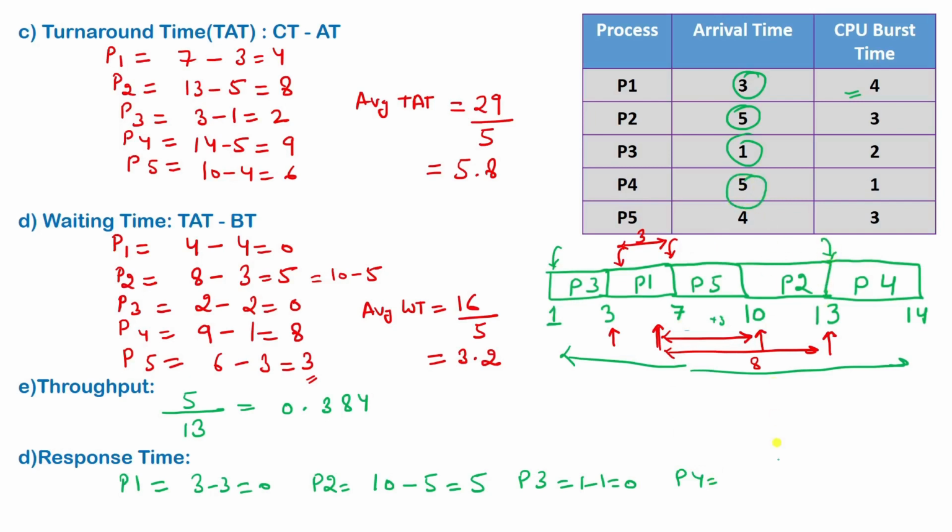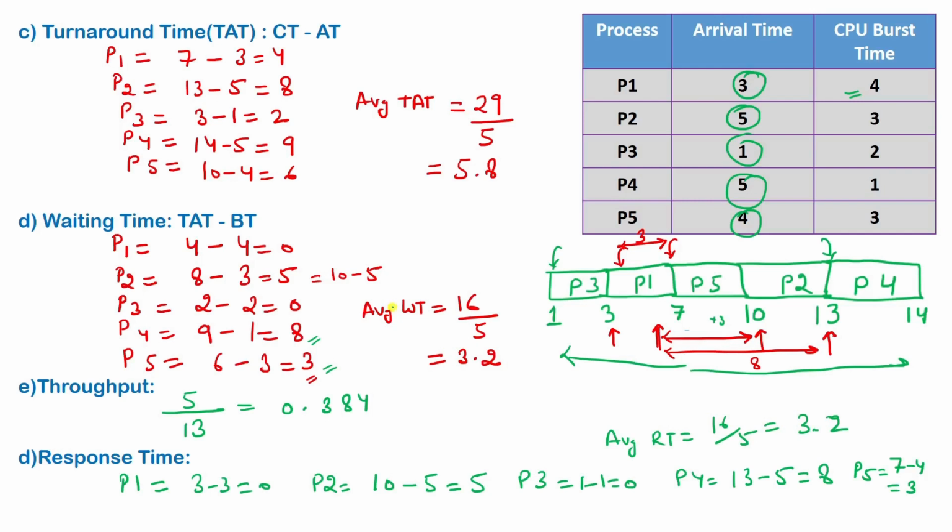So 13 minus 5. So it will be 8. Here also you can see the waiting time was 8. And lastly, for P5 came at 4, got the CPU at 7. So 7 minus 4. For this amount of time, it was waiting inside the ready queue to get the CPU for the first time. 3, it is again 3. Okay. So on the same line, the average response time will be the same. This one answer, that is 16 by 5. Okay. So it will be 3.2.